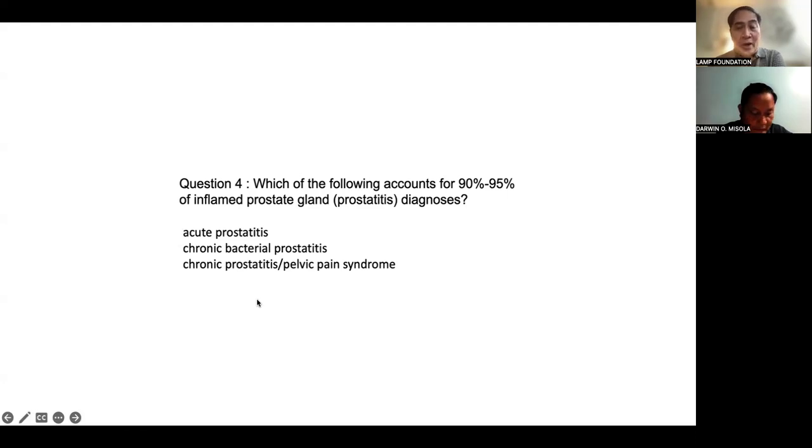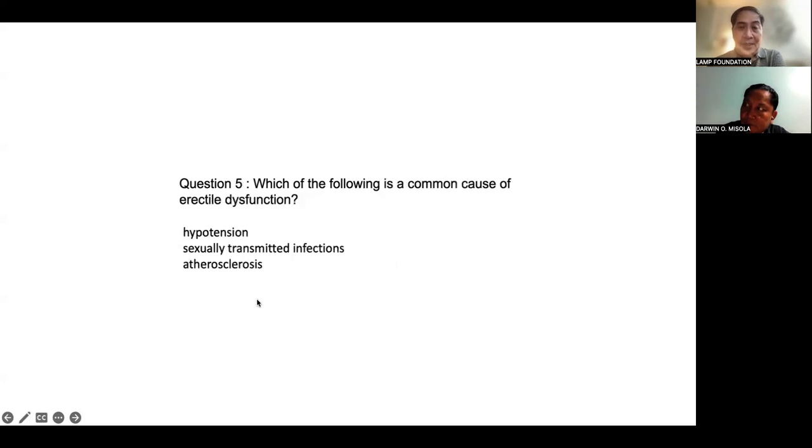And this is where we have to be more responsible and we need to really train ourselves to be more vigilant. Let's not be complacent. Number 5, which of the following is a common cause of erectile dysfunction?